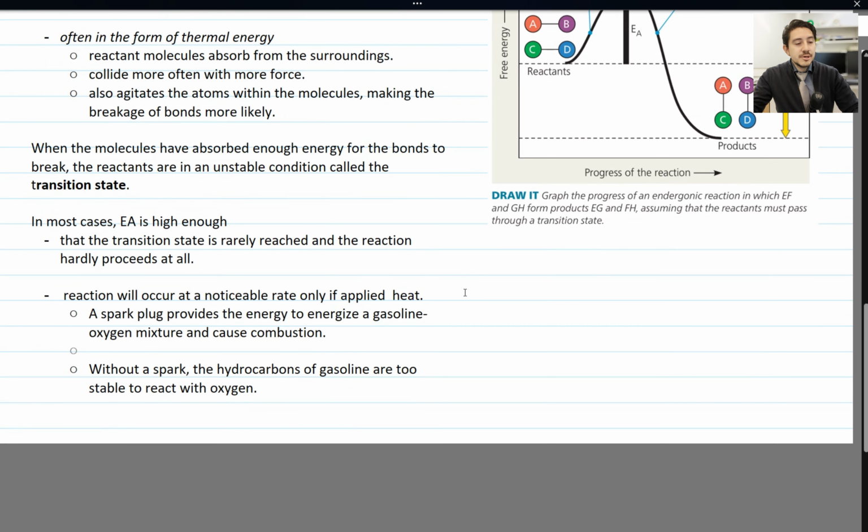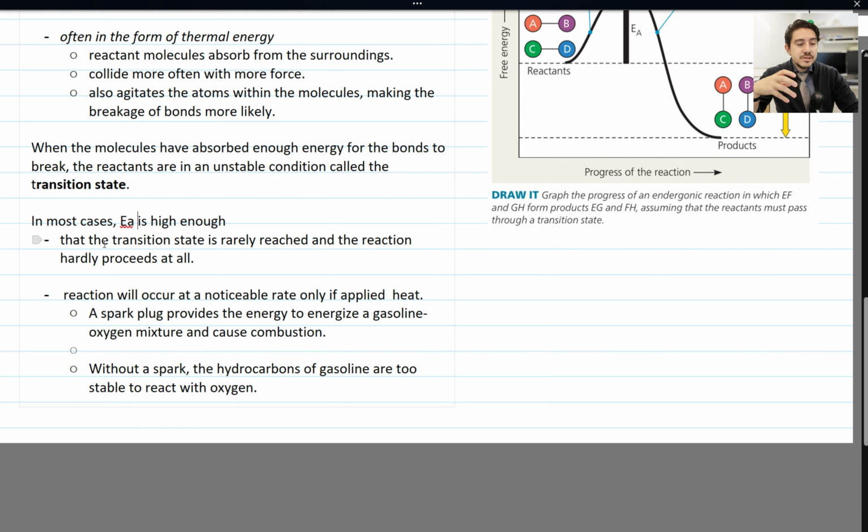Okay, so when the energy of activation is high enough, the transition state is reached, and then you have the products forming. And the transition state is rarely reached under standard conditions, standard temperature, and in general, reactions don't proceed at all.